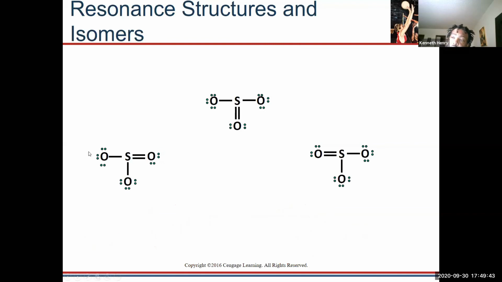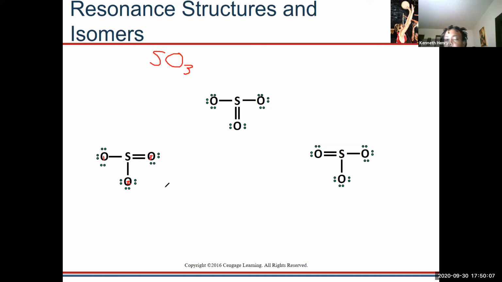Okay, so here we have SO3. If you look, we have the double bond. We'll call this the 1 oxygen. This will be the 2 oxygen, and this will be the 3 oxygen.